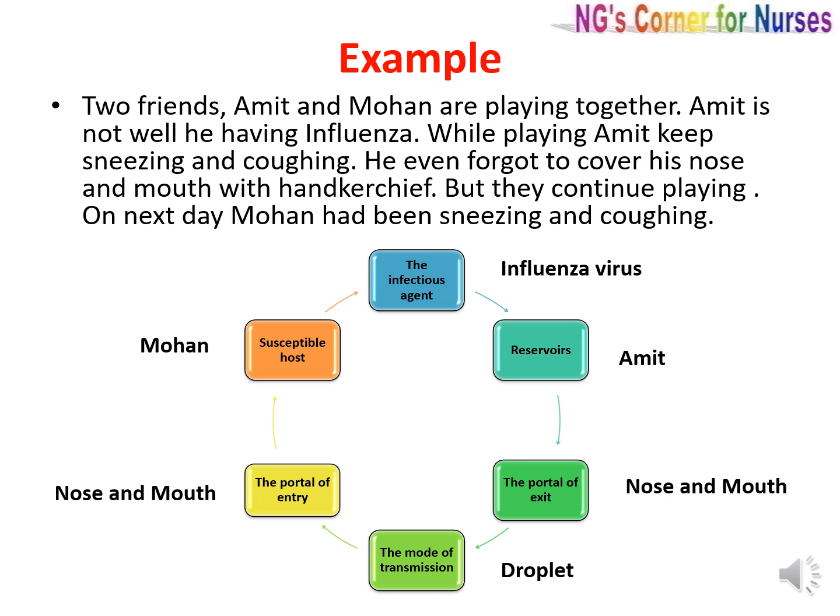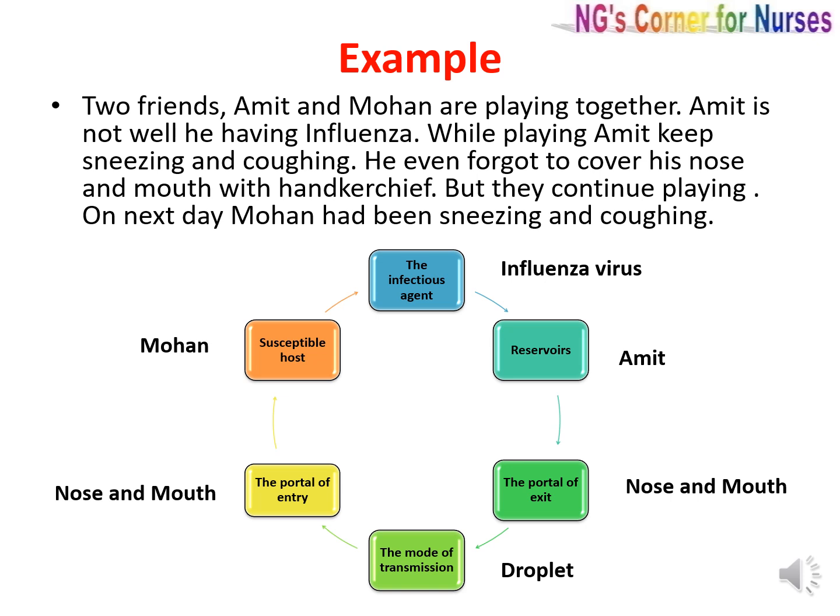When he sneezes, droplets go out through his nose, and when he coughs, droplets go out from his mouth. So here the portal of exit is the nose and mouth. So there is a chance of direct transmission through droplets. So here the mode of transmission is direct transmission, that is, droplet transmission.